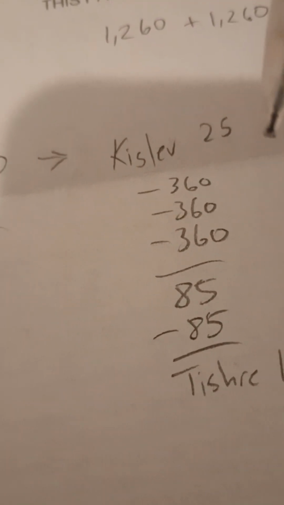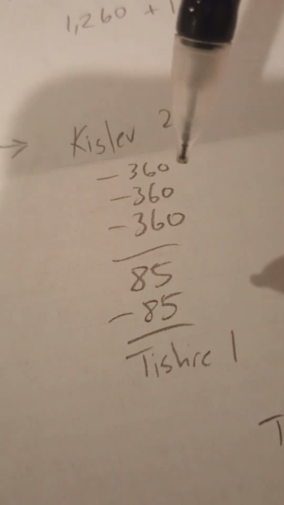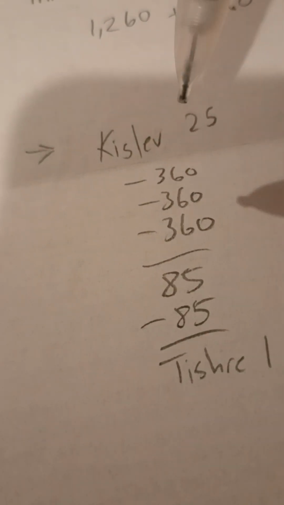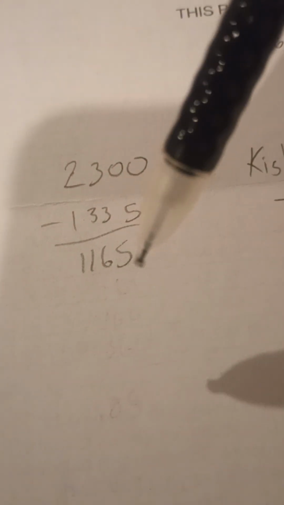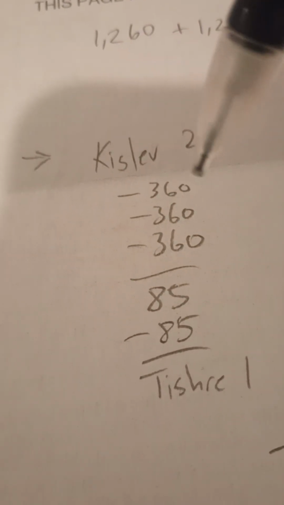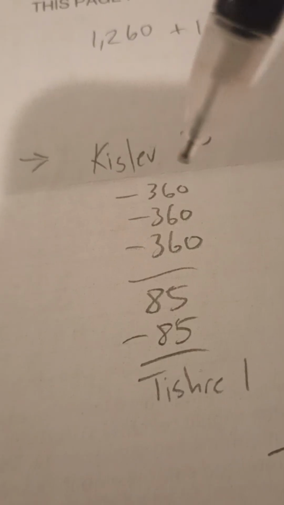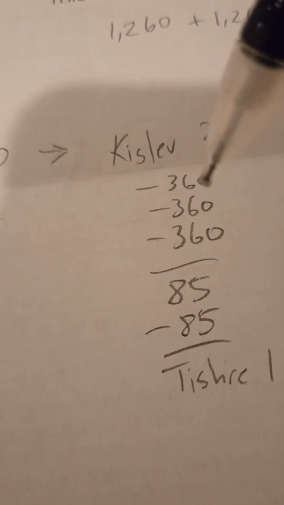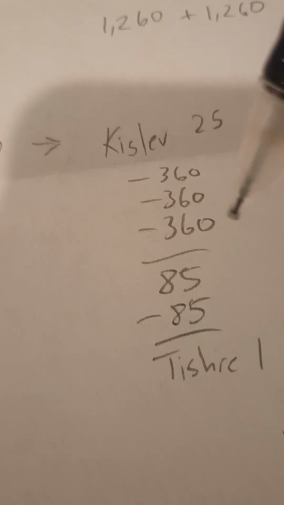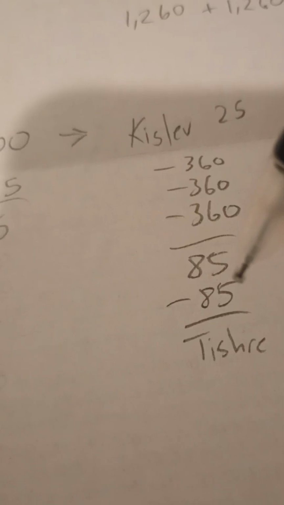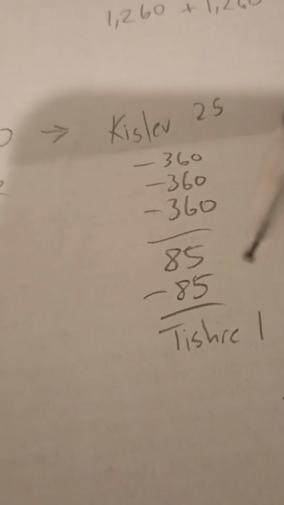Using 30-day months for 12 months equals 360 days. So I'm going from Kislev 25, and I'm going to subtract this many days, but I'm going to do it in years. So Kislev 25 minus 1, 2, 3 years, and you're left with 85 days out of this number.